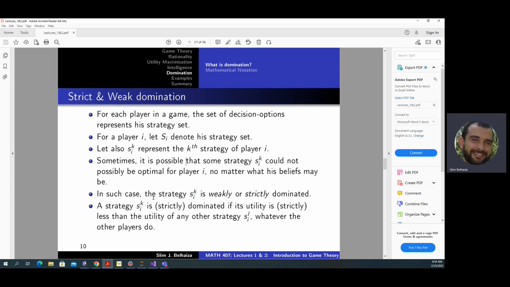In such a case, the strategy S_ik is said to be weakly or strictly dominated. So the strategy S_ik is strictly dominated if its utility is strictly less than the utility of some other strategy, S_il, he owns, whatever the other players do.